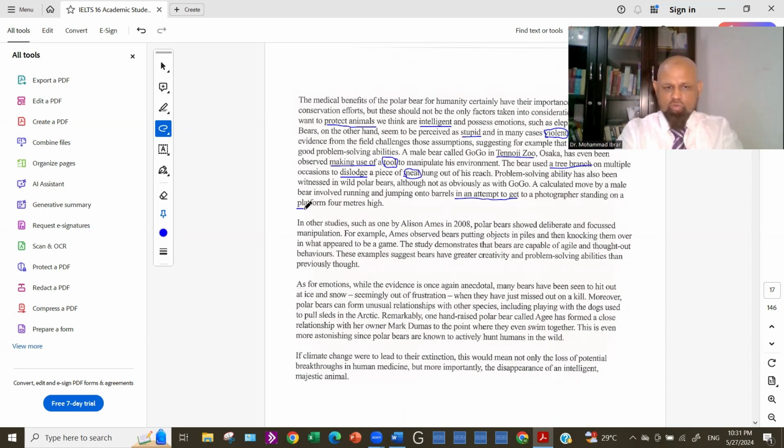You see, platform is also a keyword that helps. So who is standing on the platform? A photographer. Okay.